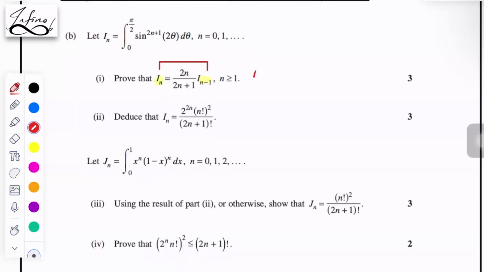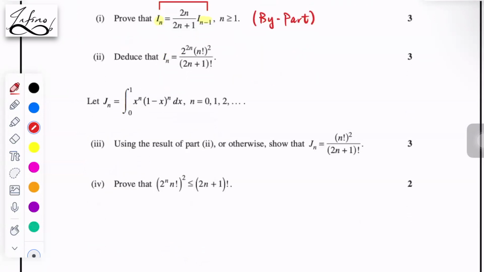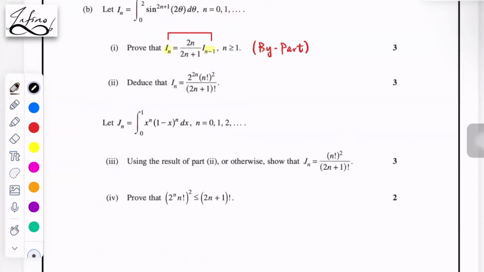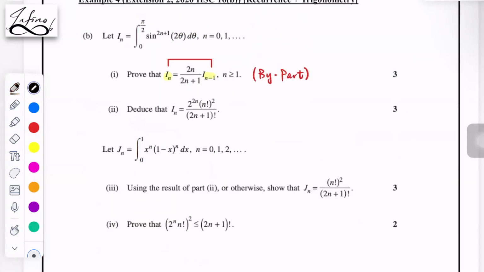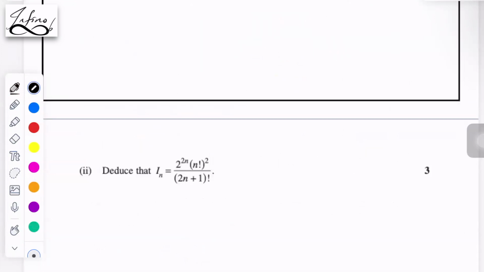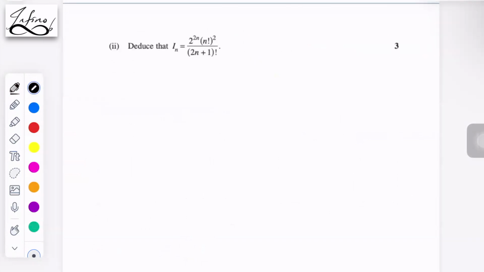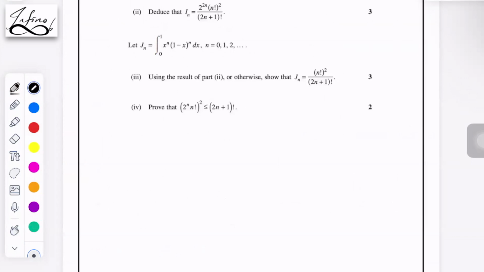So let's give it a try. As you can see, this is a very long question, 3, 3, 3, 2, in total 11 marks. That's why I've intentionally split the parts into different pages in order to have a clearer explanation.